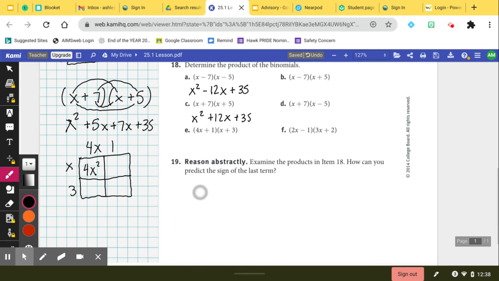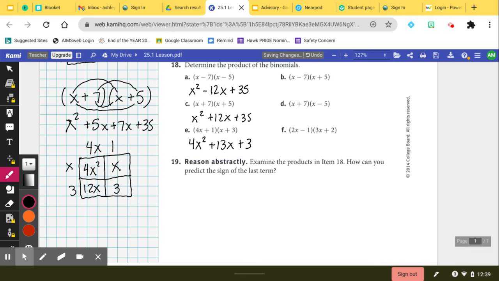We have 1 times x, which would be x. Then we have 3 times 4x, which would be 12x. And then 1 times 3, which would be 3. So combining like terms and writing this as the sum, this becomes 4x squared plus 13x plus 3.